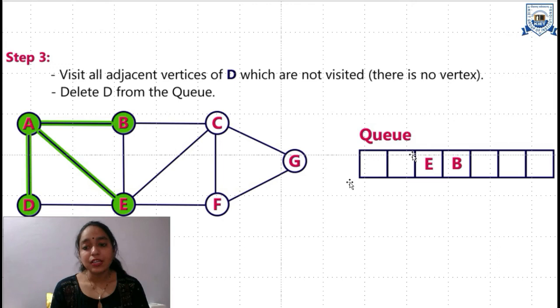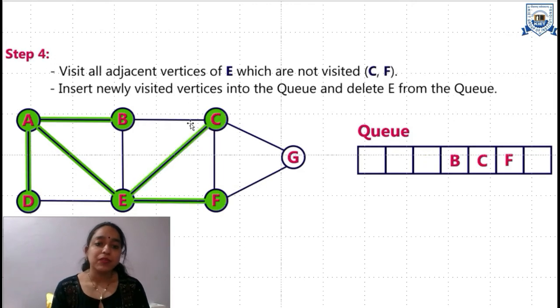Next, E is at the front. The adjacent vertices of E not yet visited are C and F. We make them visited and insert them in the queue, and we delete E from the queue.